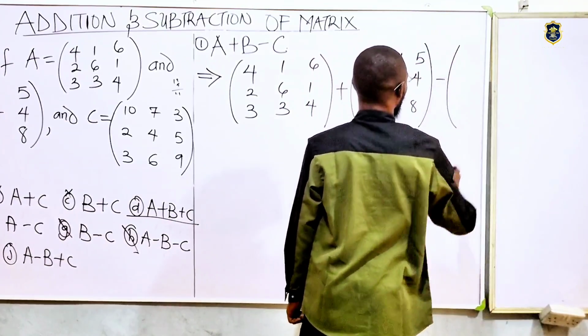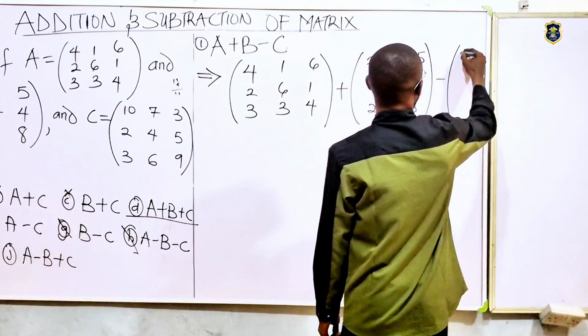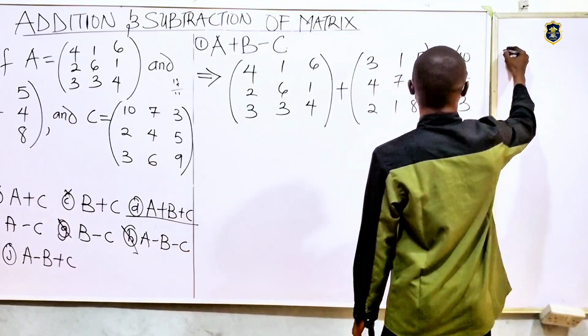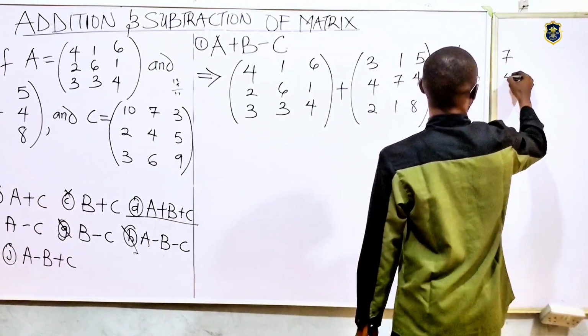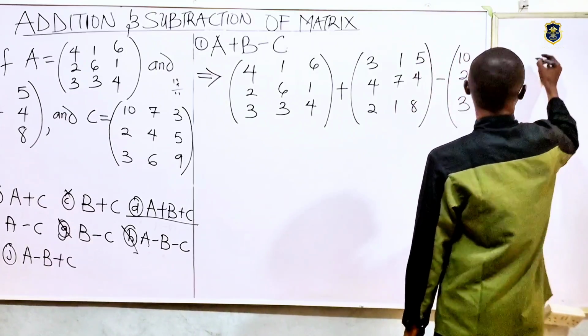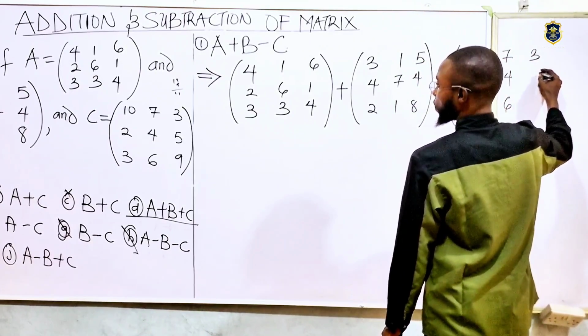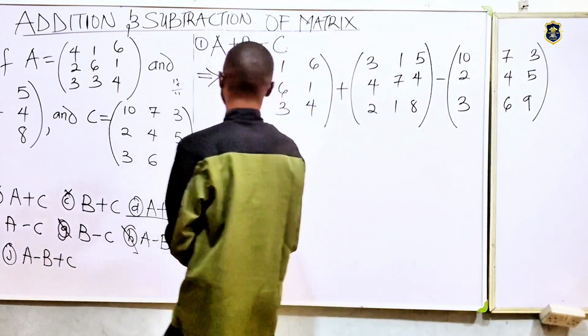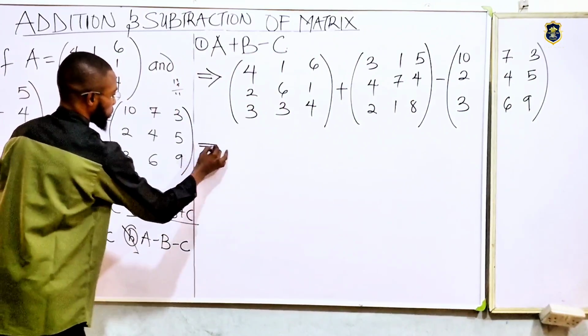And then we are minusing the last one from it, that's 10, 2, 3, and then 7, 4, 6, then 3, 5, 9. So I'm sharing the board so you can understand better. Let's do that now. It becomes easy, right?